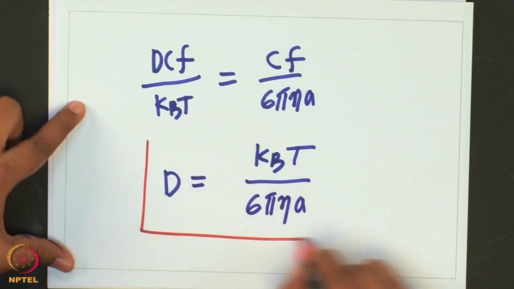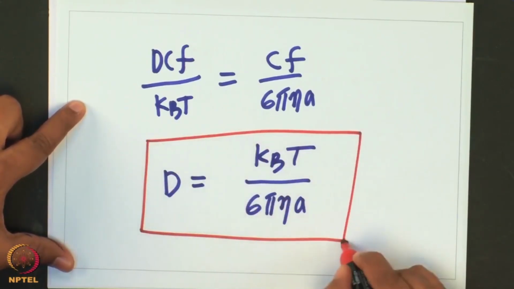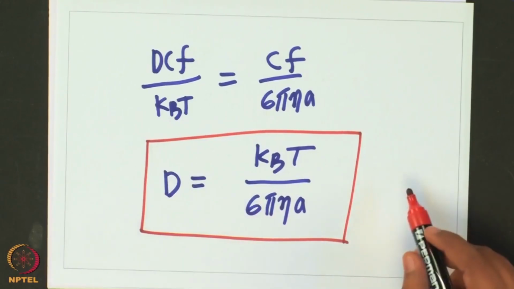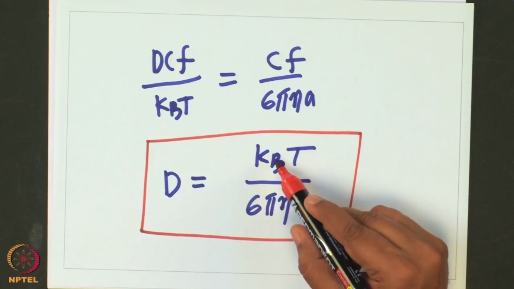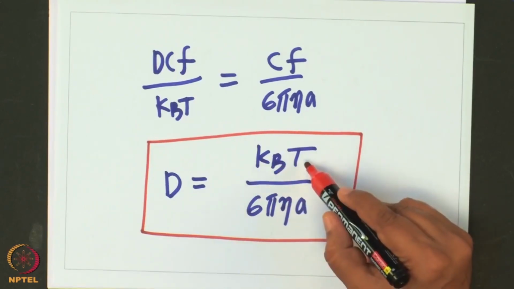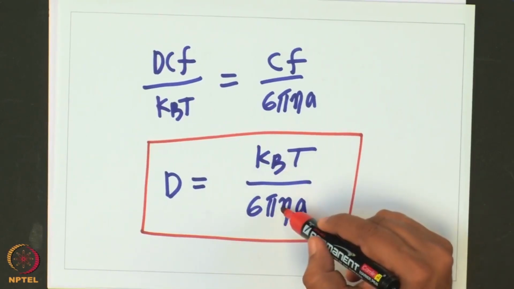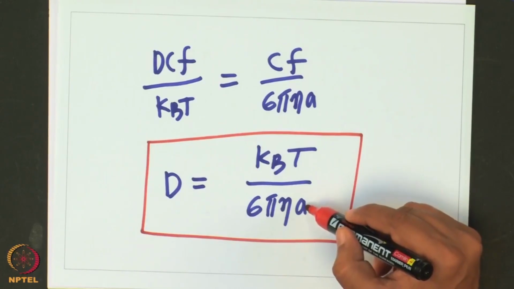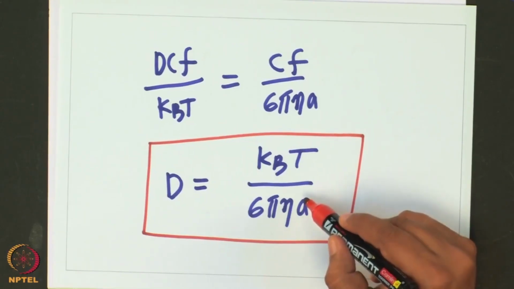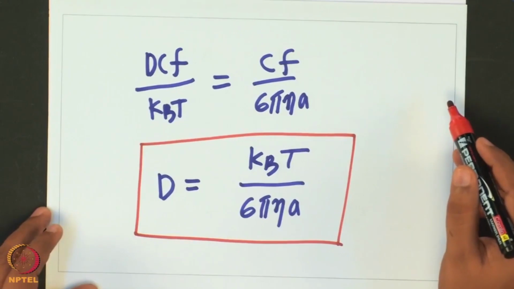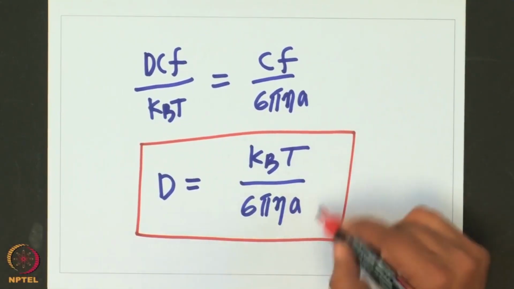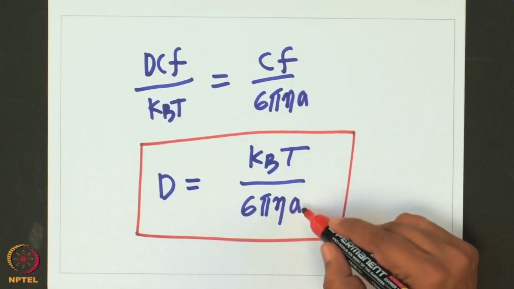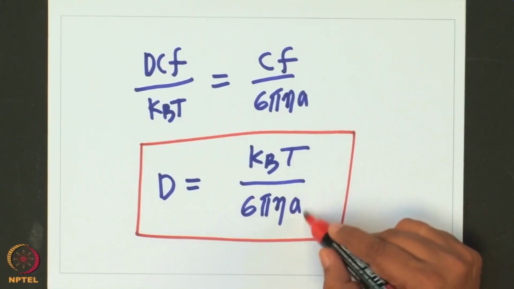So Einstein showed that D, which is the diffusion constant, is equal to kBT over 6 pi eta A, where kB is the Boltzmann constant, T is the temperature, eta is the viscosity, and A is the radius of the protein, assuming that it has a spherical shape. The folded globular proteins one can approximate to a sphere which has a radius of size A.